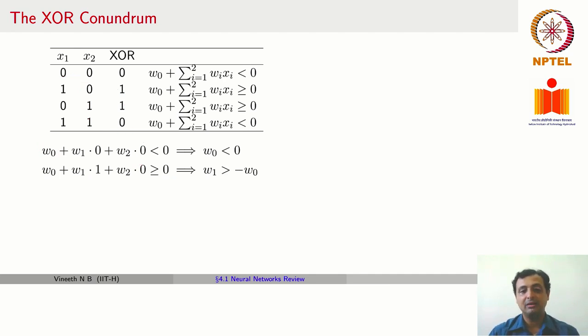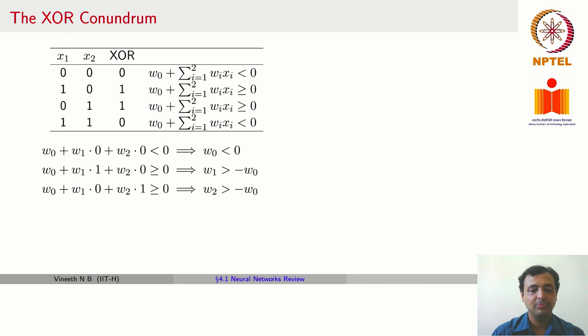Similarly, from the second line of the truth table, you have W0 plus W1 into 1 plus W2 into 0, which are the inputs in the second line. We want that to be greater than or equal to 0, which means W1 is greater than minus W0.